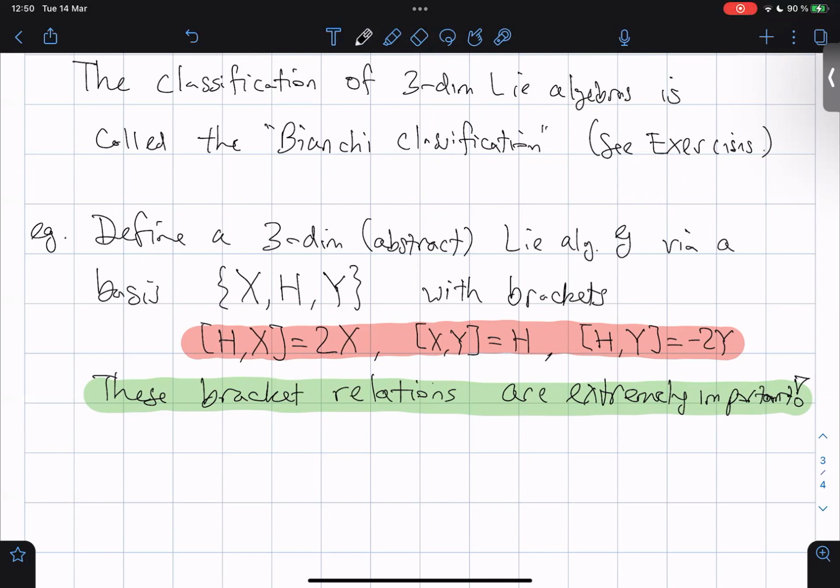When I say representations of SL2, I want you to think of this input Lie algebra G as something abstract: generators, this basis, and these bracket relations. So what are ways of representing these on vector spaces? The 2x2 matrix realization is one way, but we're going to classify all of the ways.